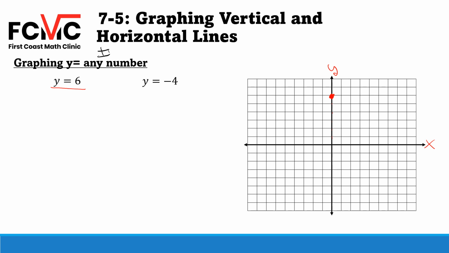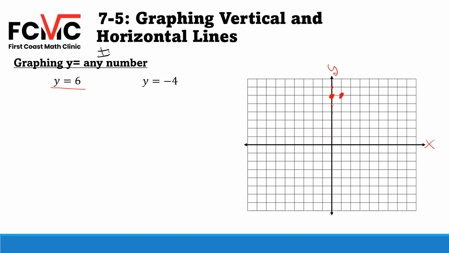To draw this line, what direction is this line going to move? If I move this point up, now y is 7. If I move a point down, now y is 5. So I don't want to move up or down. If I move to the right, y is still 6.